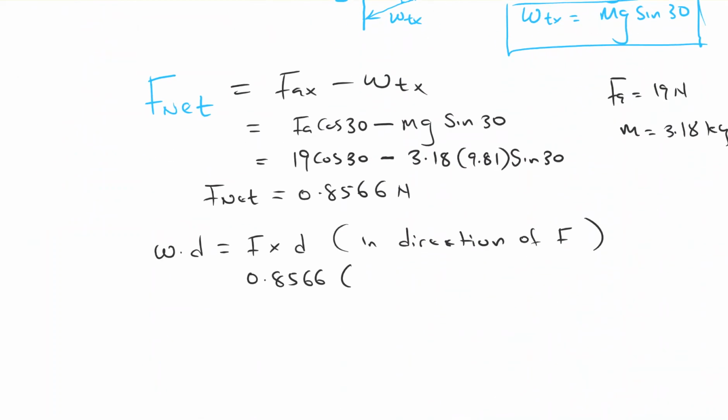Let me just put it here. So d is 0.98 meter. So we're going to plug in here 0.98, and now we can find the value of the work done on the object. 0.8566 times 0.98 gives a value of 0.839 joules.